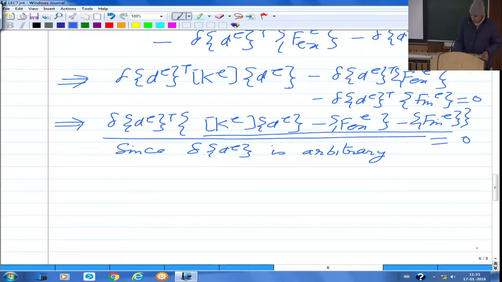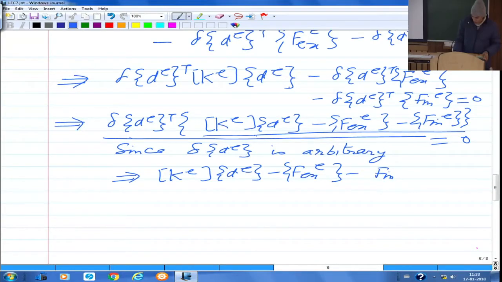Since delta dE is arbitrary, we have to make sure that the entire expression, that is the product of this and this, is 0. That means KE into dE minus F external E minus F internal E should be equal to a null vector, that is, 0 0 basically.